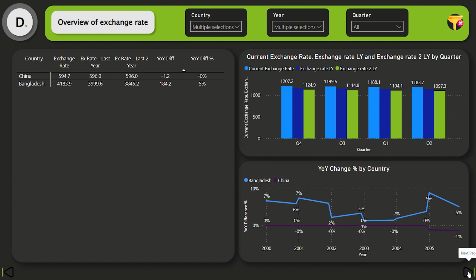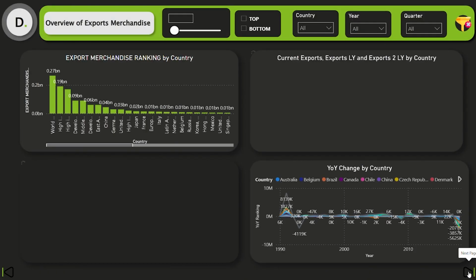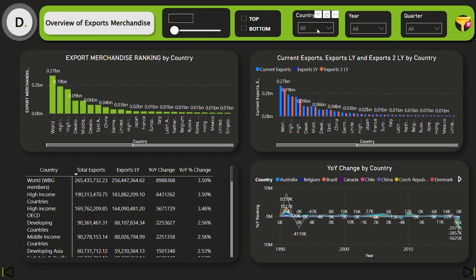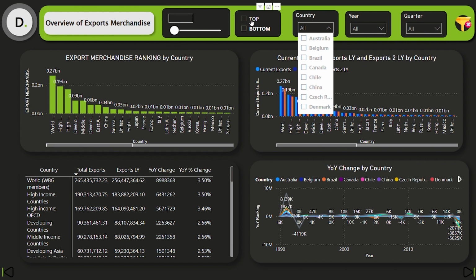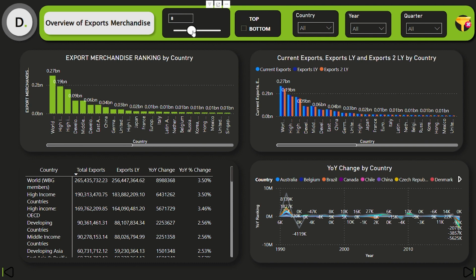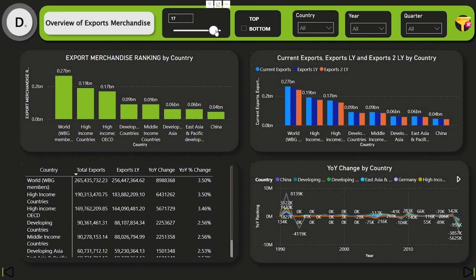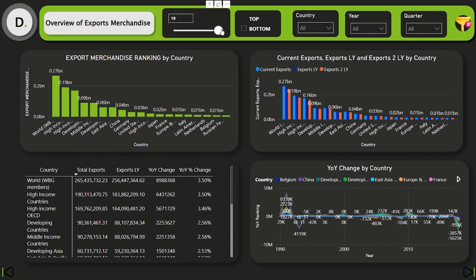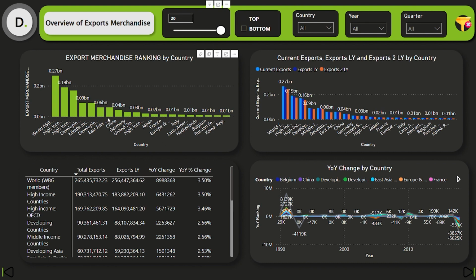Now, let's have a look at our export merchandise per country. So, let's also first see the top countries, top 10, 17 or 20 countries maybe, right?